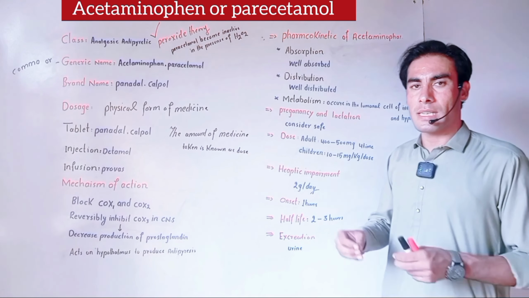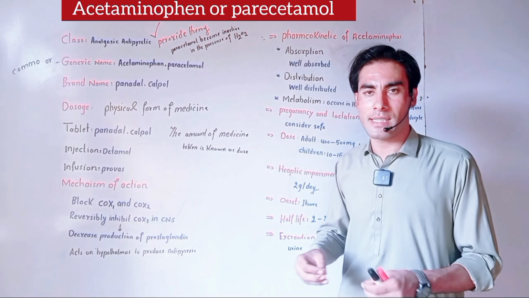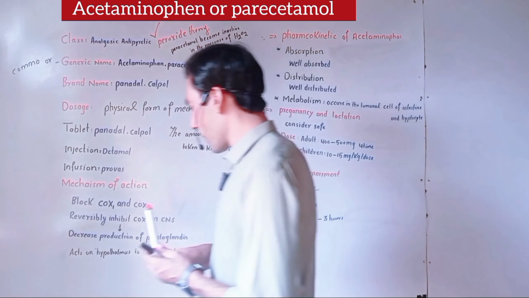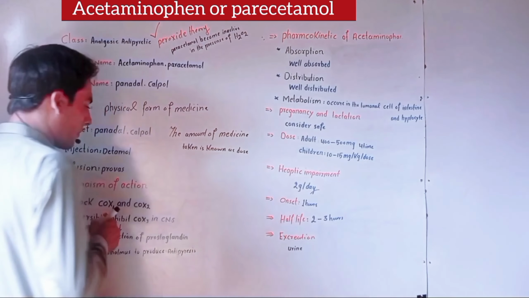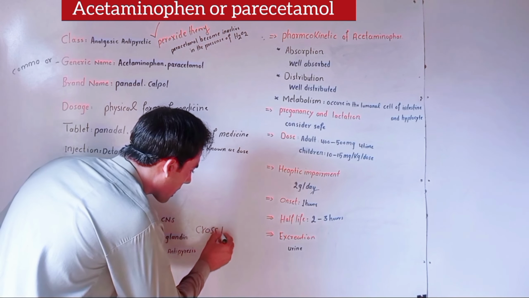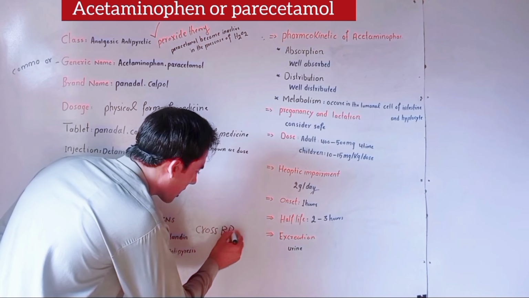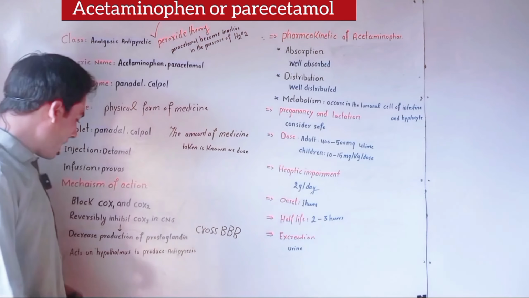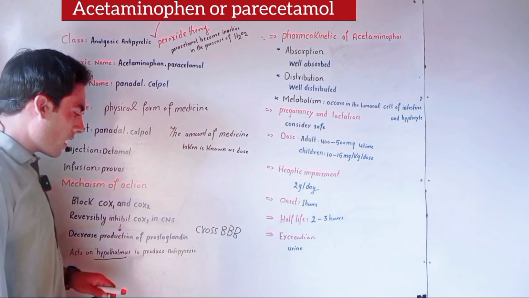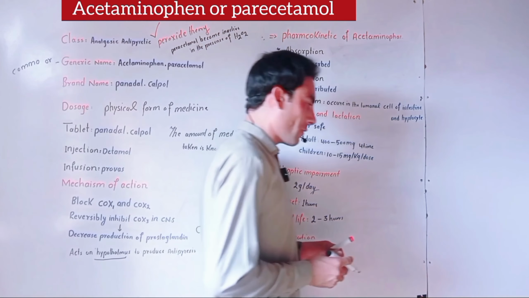But how does acetaminophen show antipyretic activity? Actually, acetaminophen crosses the blood-brain barrier and acts on the thermoregulatory center, that is the hypothalamus, and shows antipyretic activity.